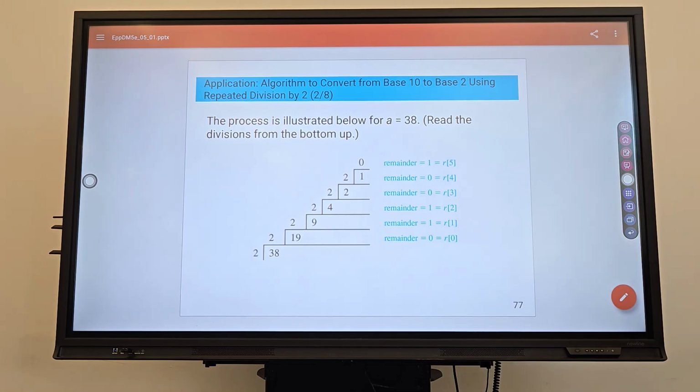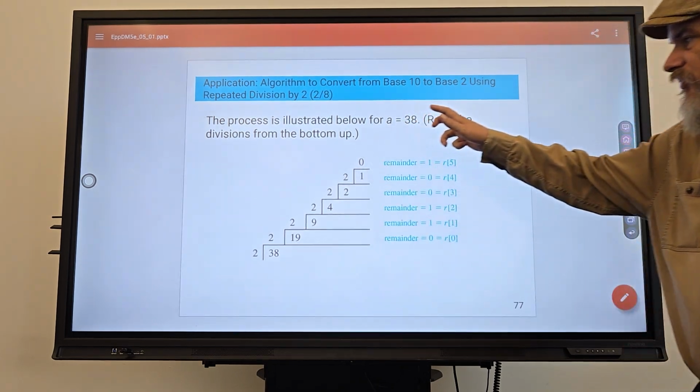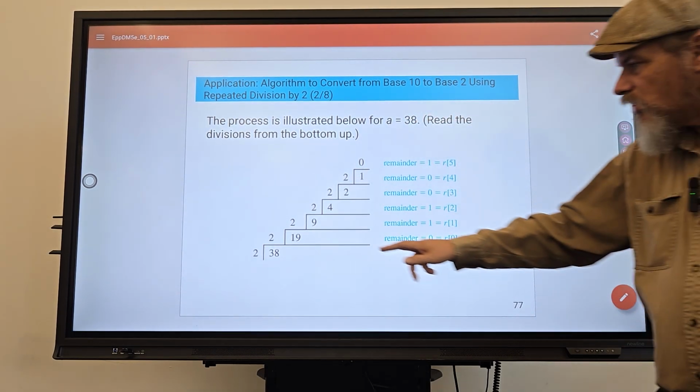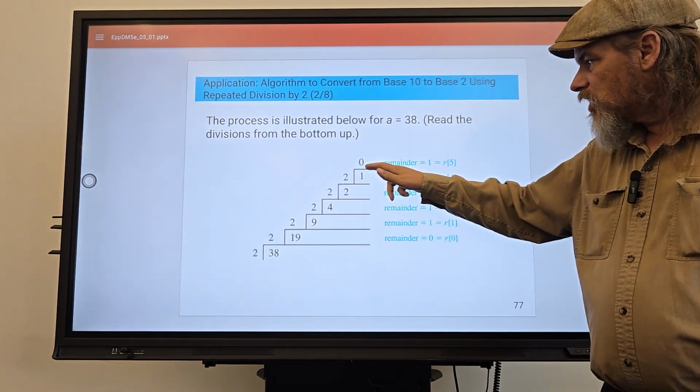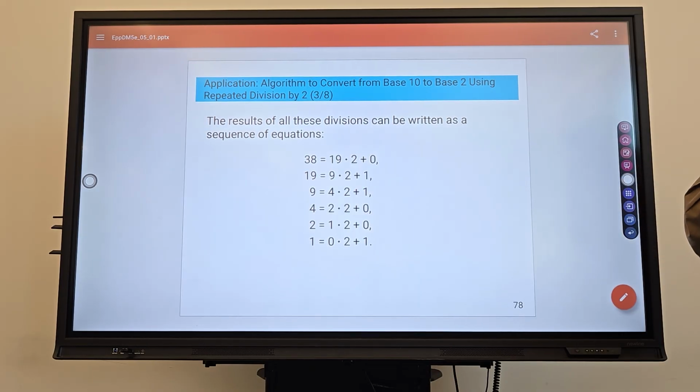Thus, each remainder is always either a 0 or 1. So, doing that for a equals 38 yields these quotients and these remainders, and you read up from the bottom. The results of these divisions can be written as a sequence of equations used in the format of the quotient remainder theorem.